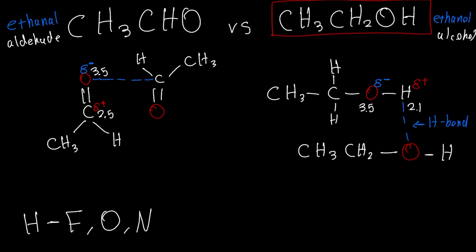So whenever you see two molecules that have generally the same molecular weight and they're both polar, but in one of them hydrogen bonds to fluorine, oxygen, or nitrogen, the one in which hydrogen bonds with these three is going to have hydrogen bonding, and therefore is going to have a higher boiling point.